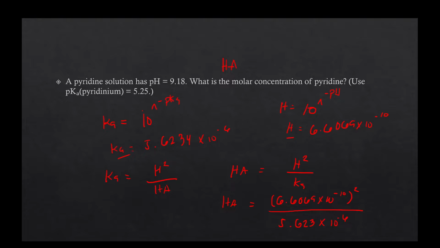Square this and divide by 5.623 times 10 raised to negative 6. Huh? Parang ang liit.